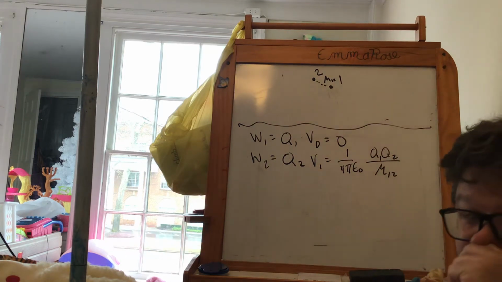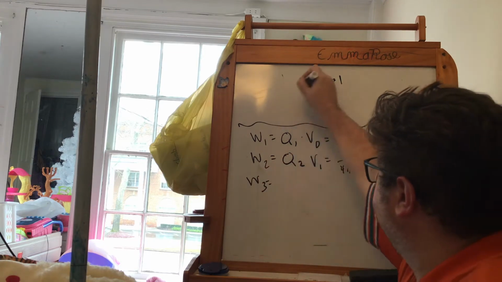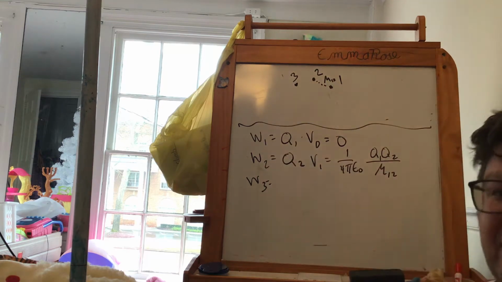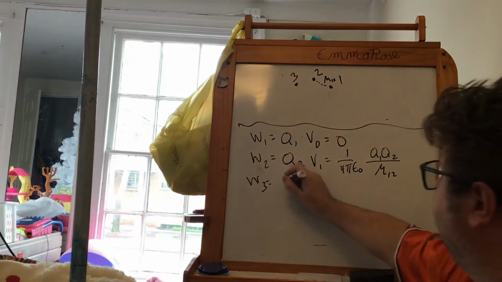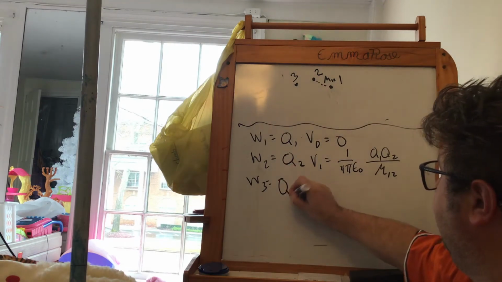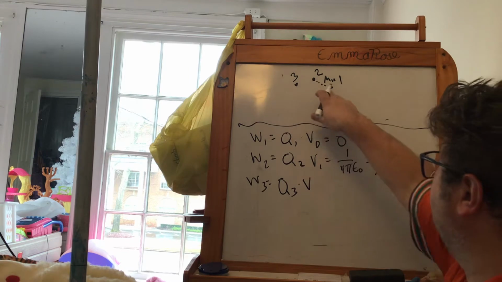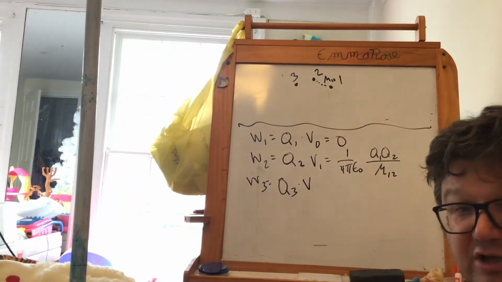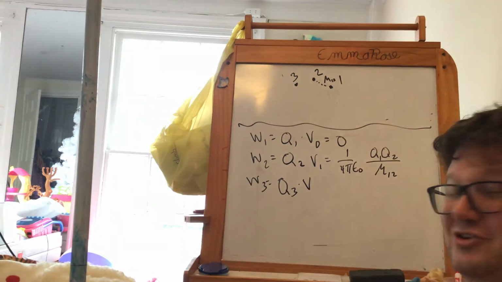So now if I take a third charge, and I bring it in, say I put it right here, now charge 3 has to interact with both charge 1 and charge 2. So it's going to be charge 3 interacting with the potential. But since there's two charges, charge 1 and charge 2, I'm going to have a superposition of the potentials due to charge 1 and charge 2.